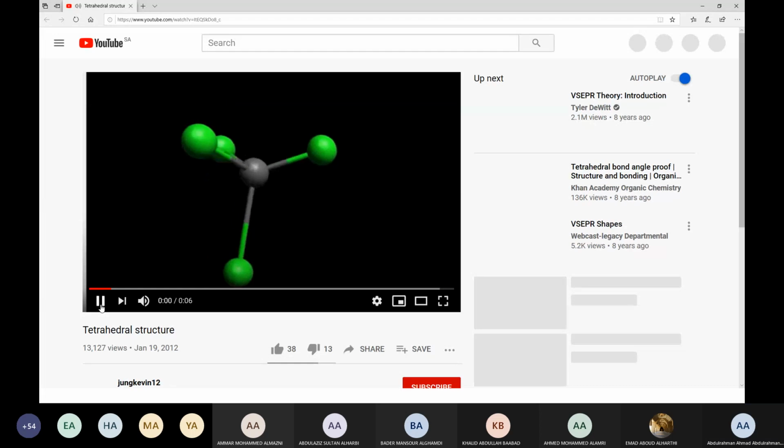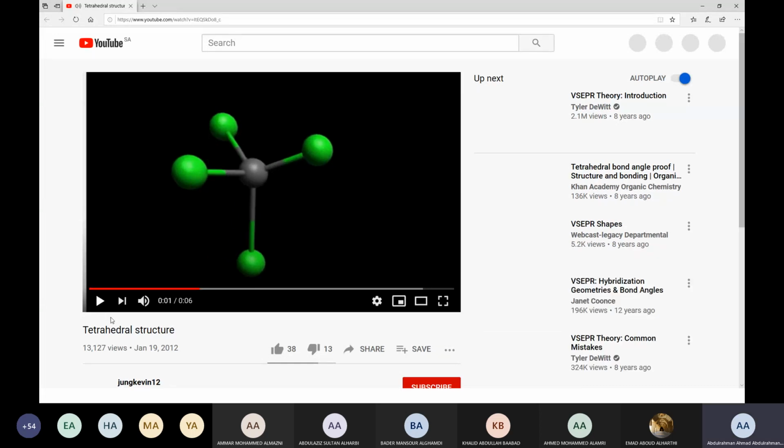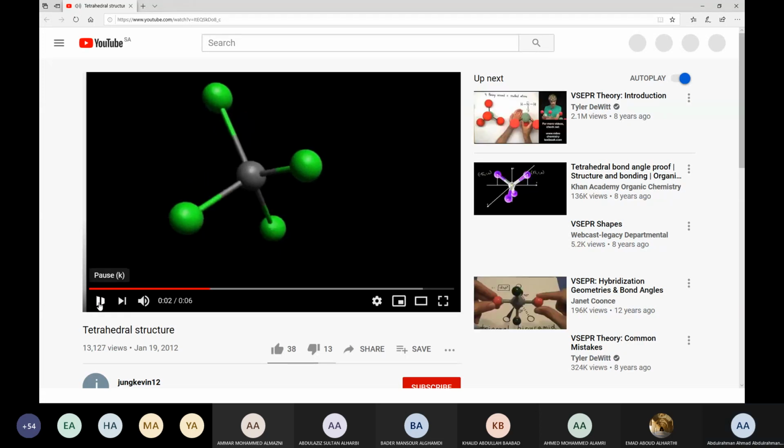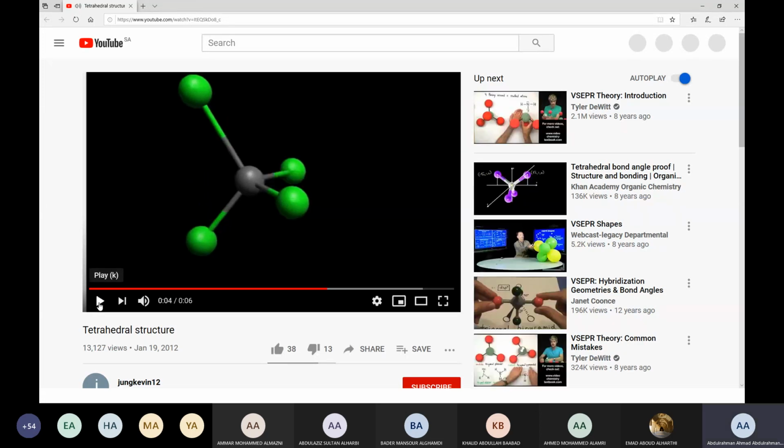Can you see the shape? This is the shape of the tetrahedron, and that's the angle.